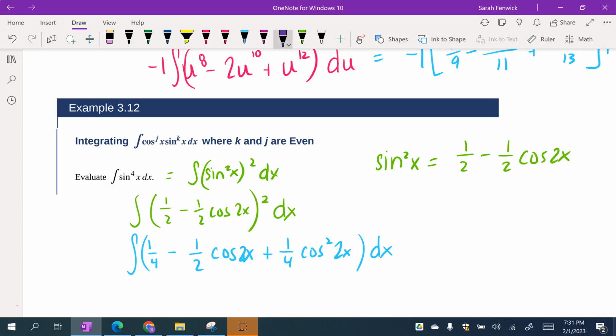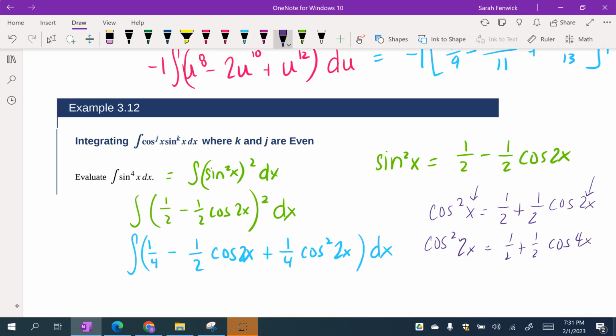Well, the identity that we use to replace it, because it's to an even power, is for cosine squared: 1/2 plus 1/2 cosine 2x. And since it was a 2x here, then this is going to become a 4x. So cosine squared 2x equals 1/2 plus 1/2 cosine 4x.